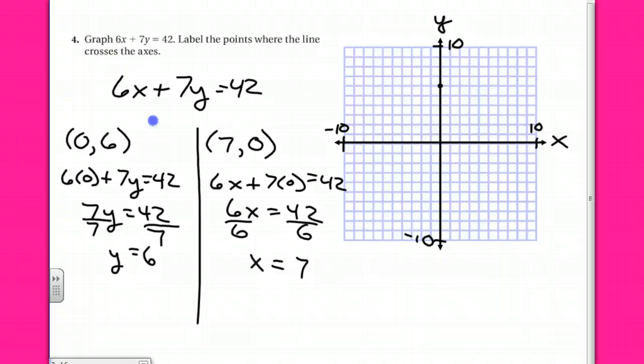We walk 7. 1, 2, 3, 4, 5, 6, 7, and fly 0. And there we have now 2 points. We said that that's all you really need to graph the line, right? That's the bare minimum, 2 points. And to show all of the solutions now, we would draw a line, straight line through and beyond. And there you go. Graphing with 2 points.